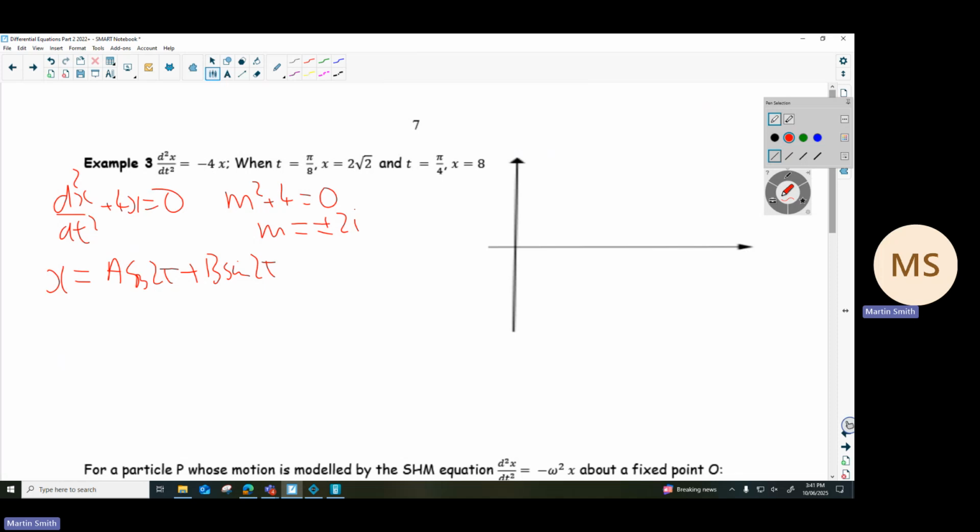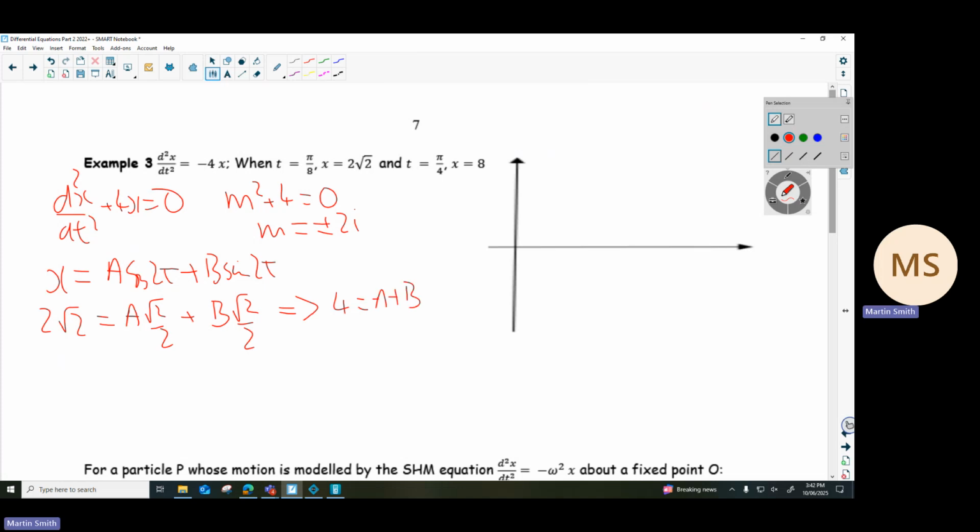So that's going to give me 2 root 2 is a times the cos of 2 pi over 8. 2 pi over 8 is pi over 4, and cos of pi over 4 is root 2 over 2, plus b sine of 2 times pi over 8, which again is pi over 4, and sine of that is also root 2 over 2. And that's a simultaneous equation. You can divide by root 2 and times through by 2 to get 4 is equal to a plus b.